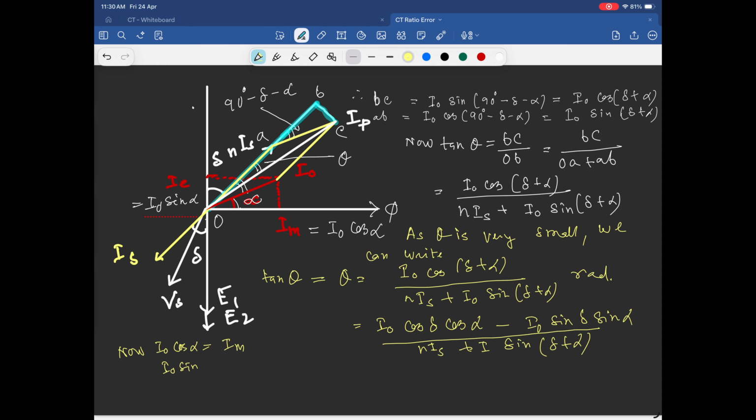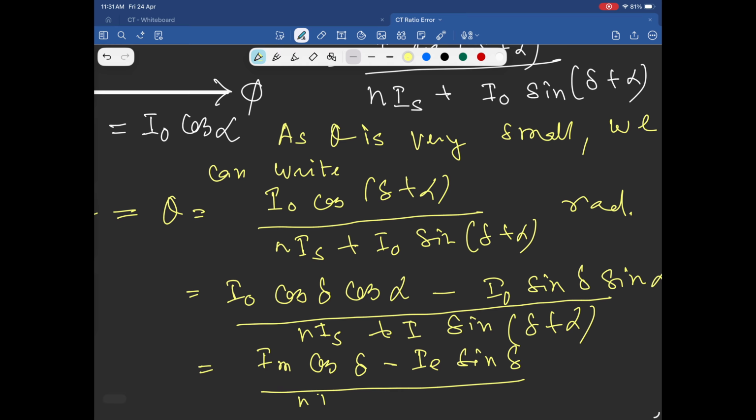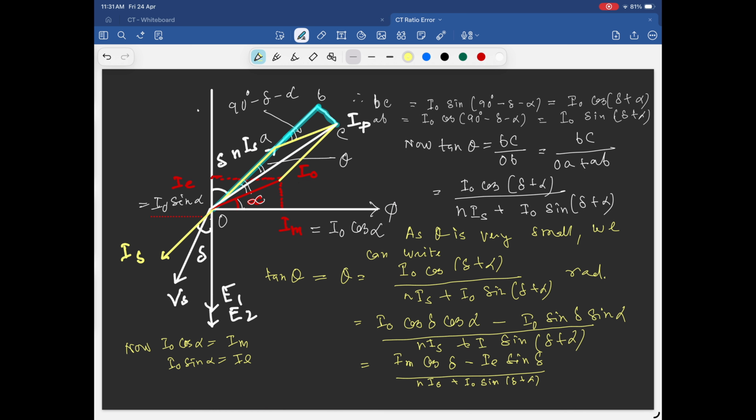So I0 cos alpha is equal to Im and I0 sin alpha is equal to IE. So by putting the values of IE and Im, we can write theta is equal to Im cos delta minus IE sin delta by NIS radian.